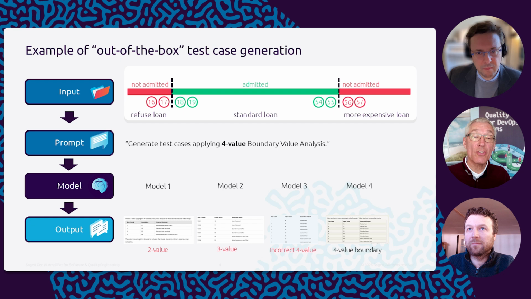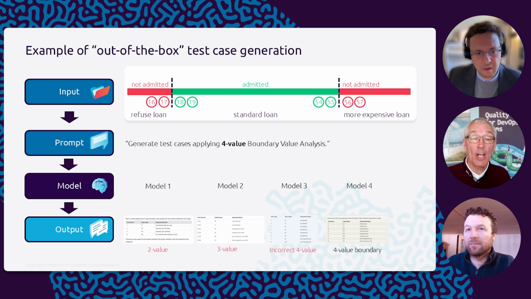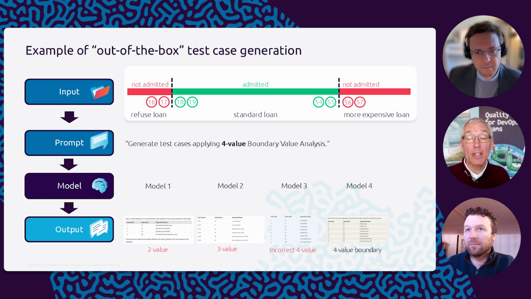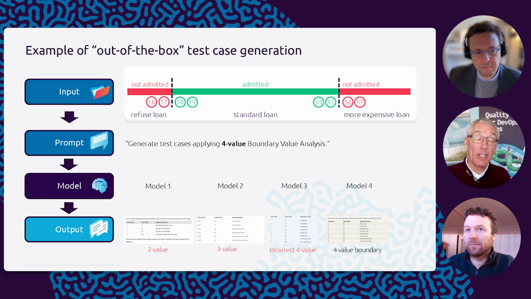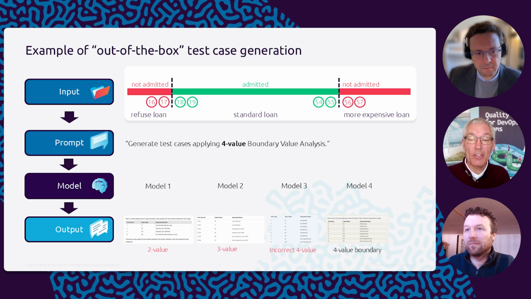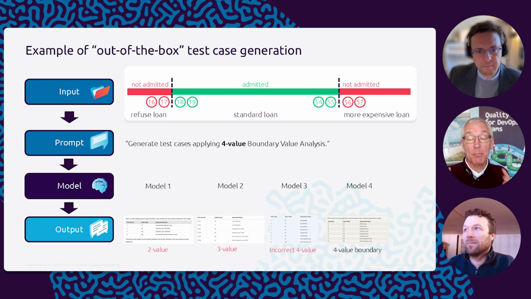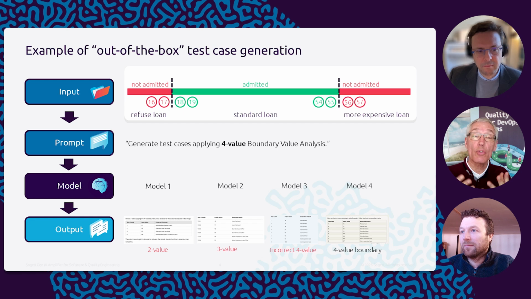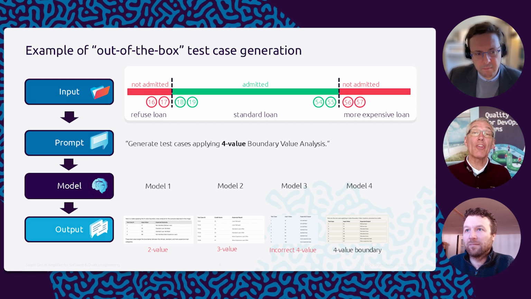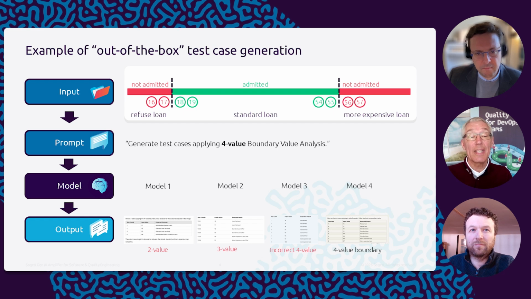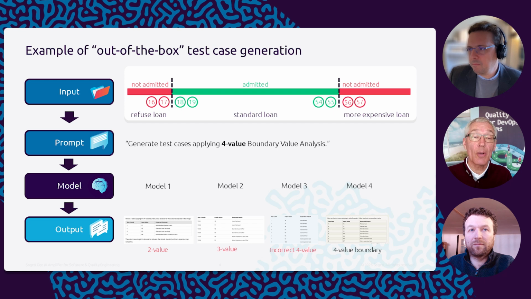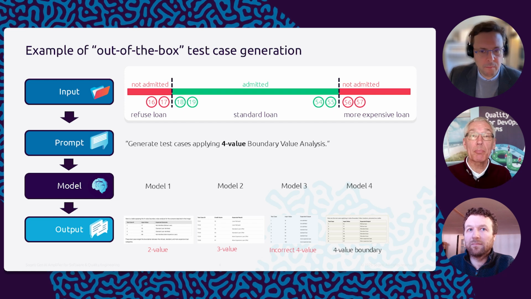If we try this in a generic large language model, we get reasonably good results, and one model is better at it than the other. You can probably not see all the details here, but the main thing we wanted to convey is that even with the most intuitive test design technique, boundary value analysis, the models already struggle somewhat if you just put in one simple plain prompt.